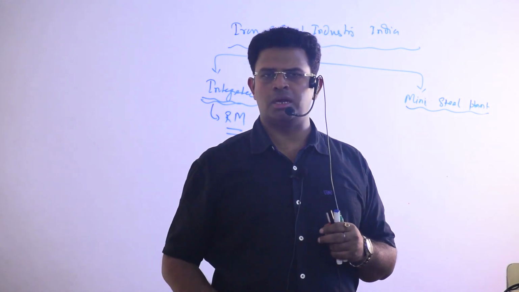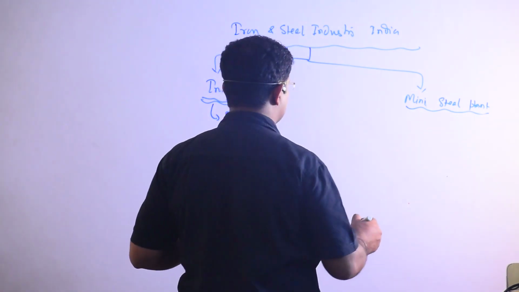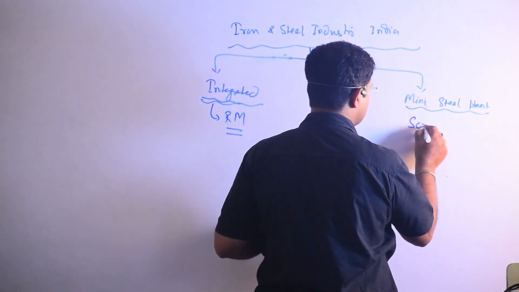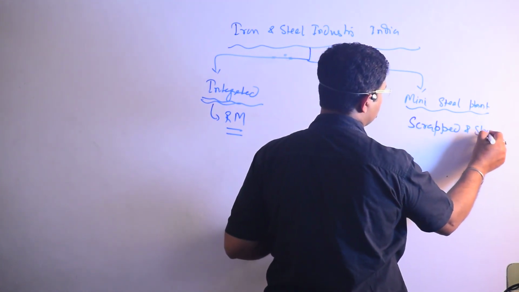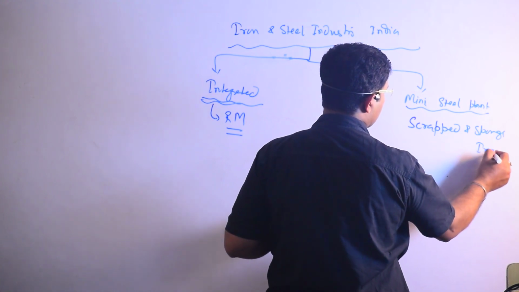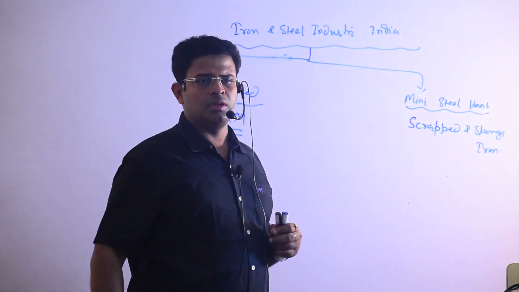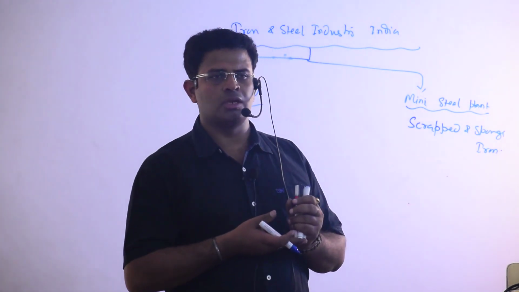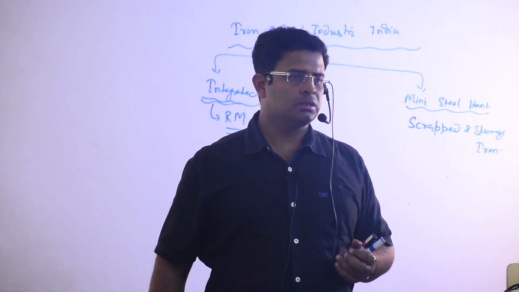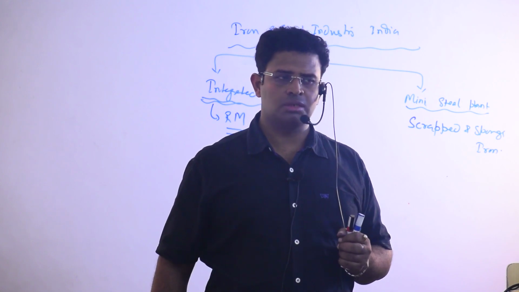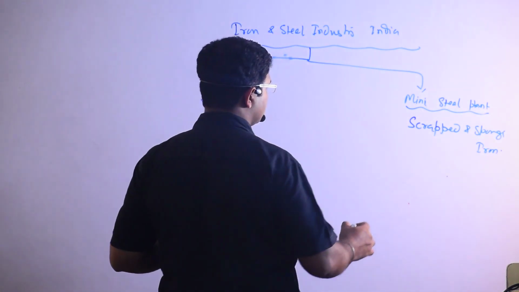And mini steel plant is what? It is based on scrapped iron, recycling of iron, scrapped and sponge iron. Mini steel plant is based on scrapped and sponge iron. Understood it? Got it?